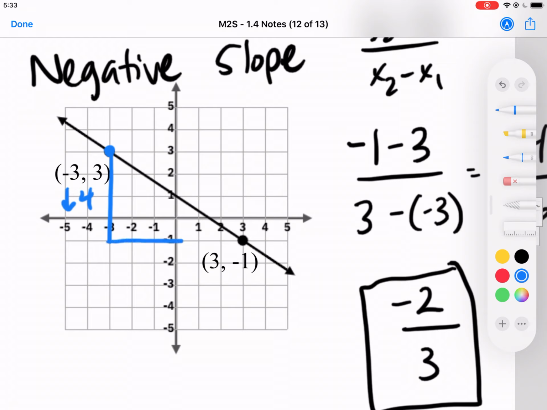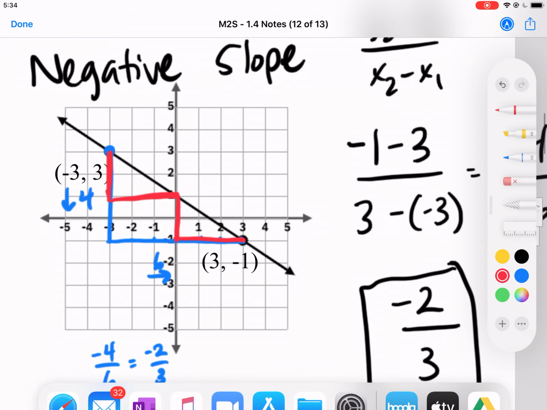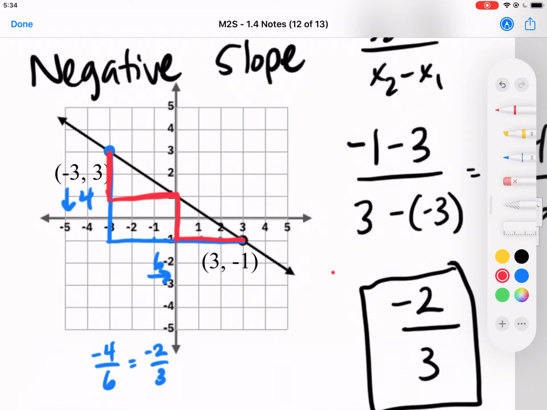Then we're going over 1, 2, 3, 4, 5, 6 units, so to the right, 6 units. We would say negative 4 over 6, or like we already showed, negative 2 over 3. The negative 2 over 3 is also visible right here if you break it up into smaller pieces. It's going down 2 and then over 3. So if it's graphed, that's one way to do it.